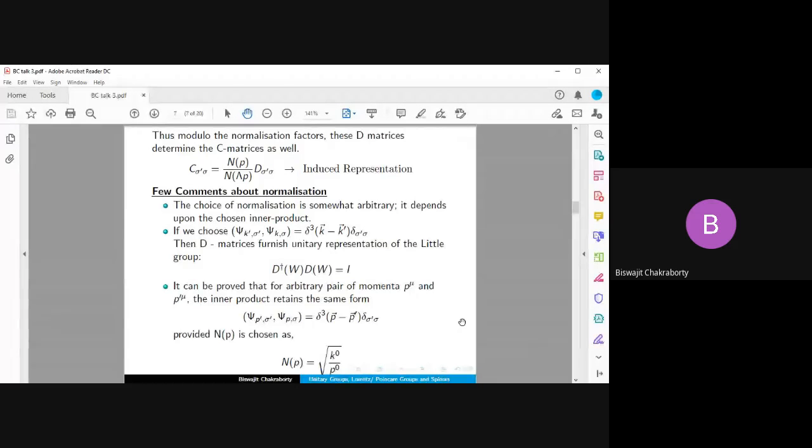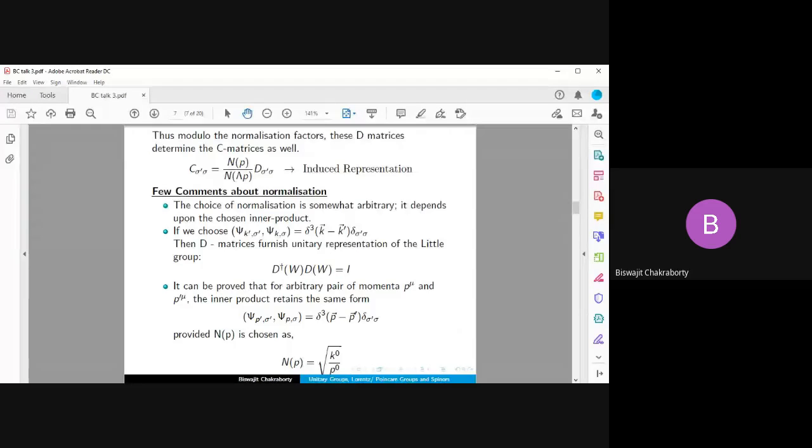So if we choose the inner product of psi K prime sigma prime with psi K sigma to be the Dirac delta function of K minus K prime times delta sigma prime sigma, then D matrices can be shown to furnish a unitary representation of the Lie group. So D dagger of W times D of W will indeed be the identity. It can further be proved that for an arbitrary pair of momenta P and P prime, the above form of the inner product will persist, provided N of P is chosen to be root of K naught by P naught.